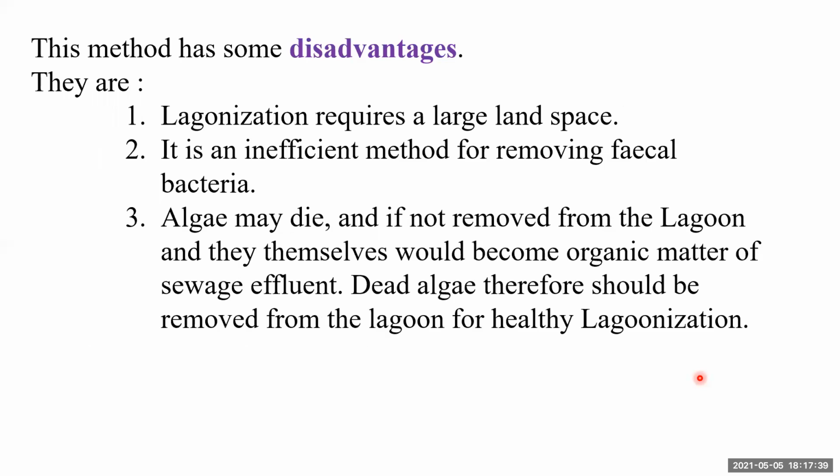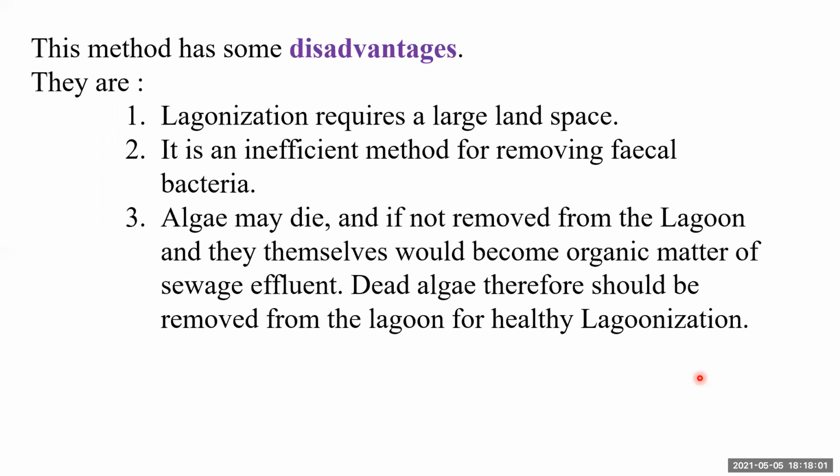Now, there are certain disadvantages with lagoonization. It requires a large land space, number one. So it is possible to use an oxidation pond where large grounds are available, like in small rural villages. It is an inefficient method as far as removal of fecal bacteria is concerned.